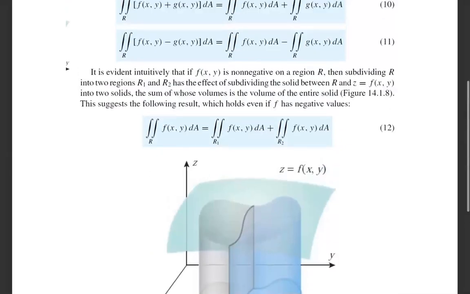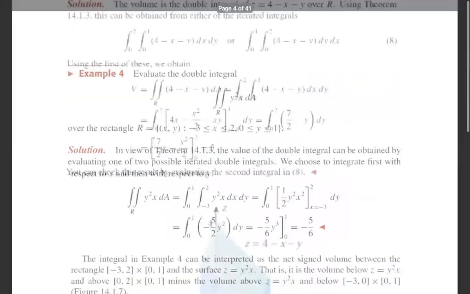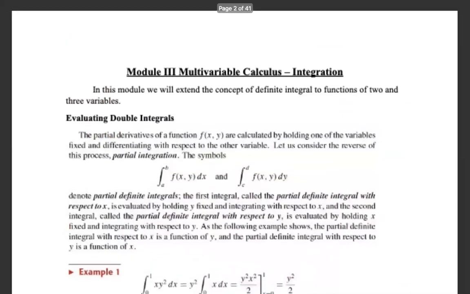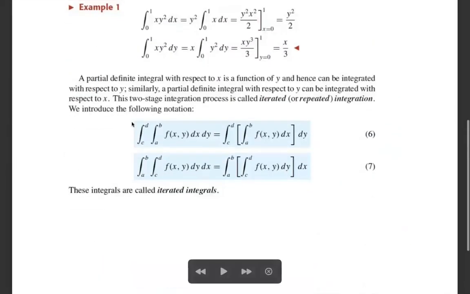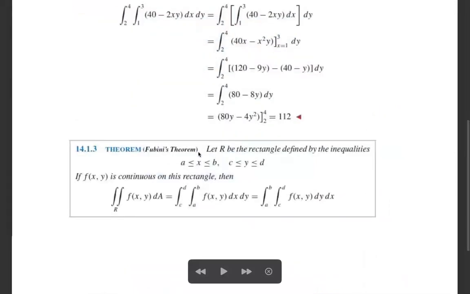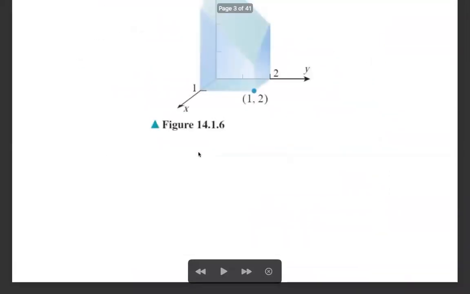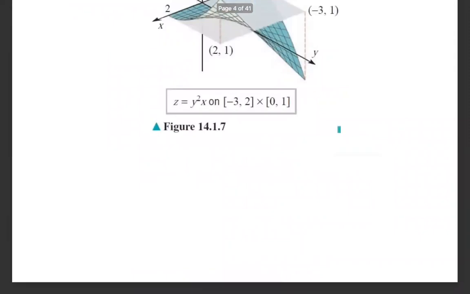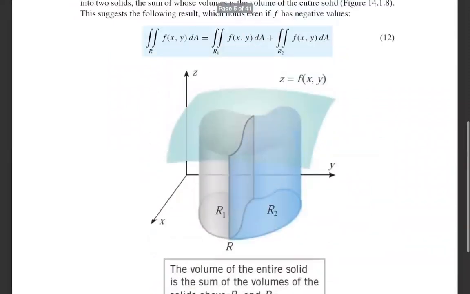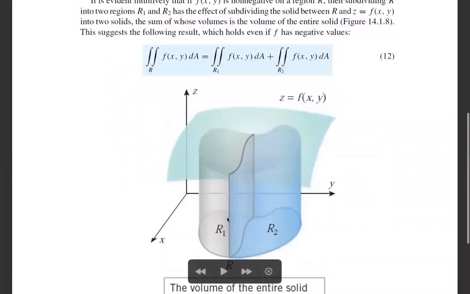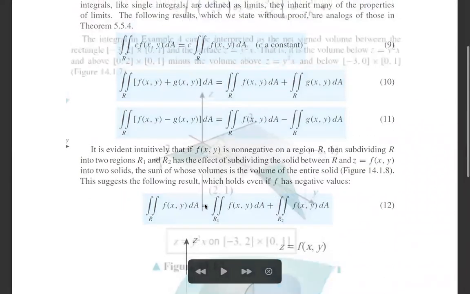Now, the geometrical meaning of the double integral over R of f(x, y) dA. That means it is the volume of the solid bounded below by the region R and above by the function f(x, y).